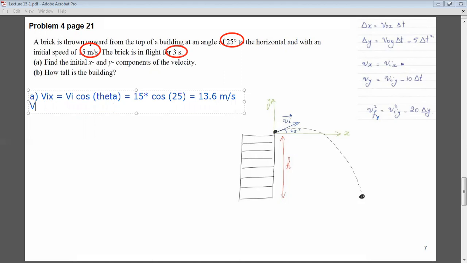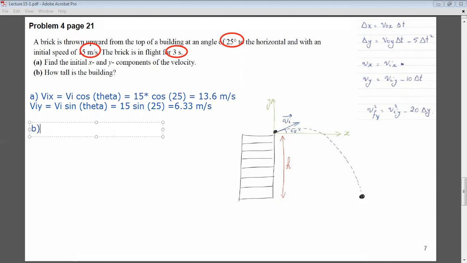V initial y is equal to V initial sine theta, and this is equal to 15 sine 25, and this is equal to 6.33 meters per second. Okay, that's part A.